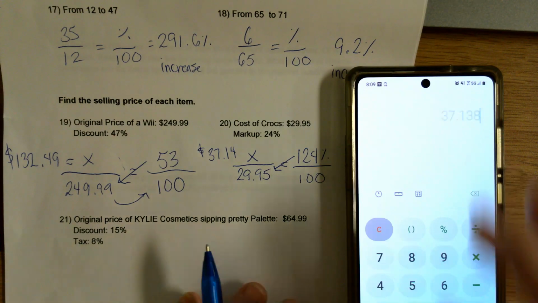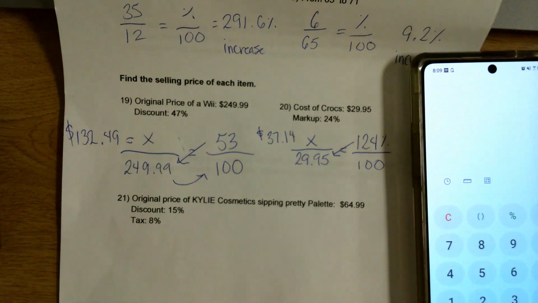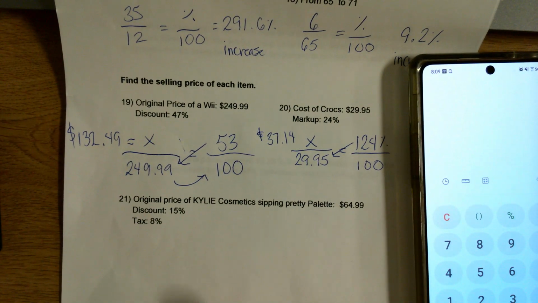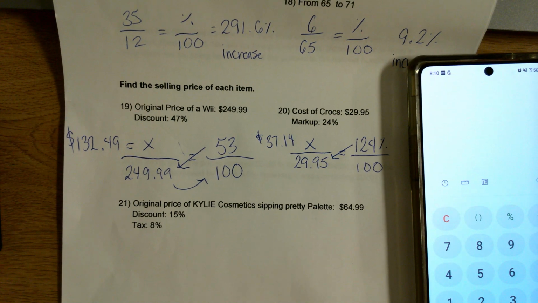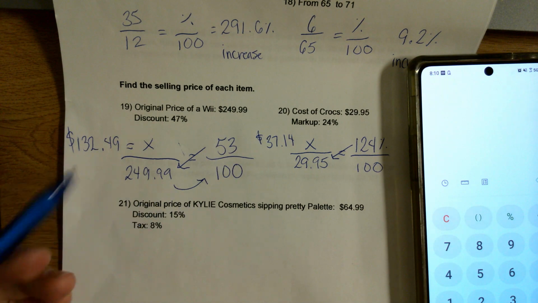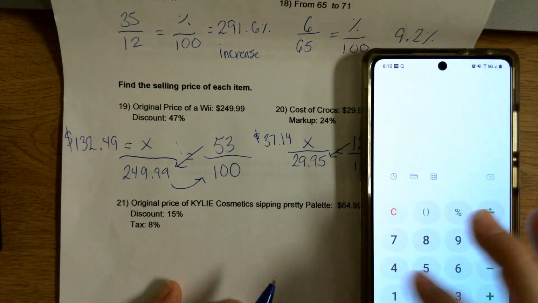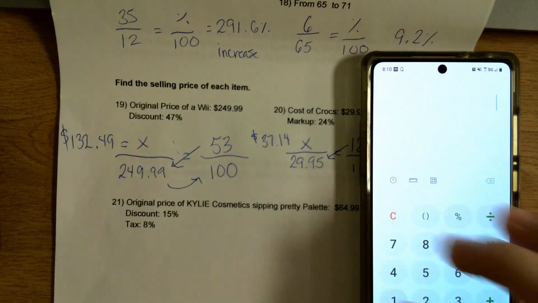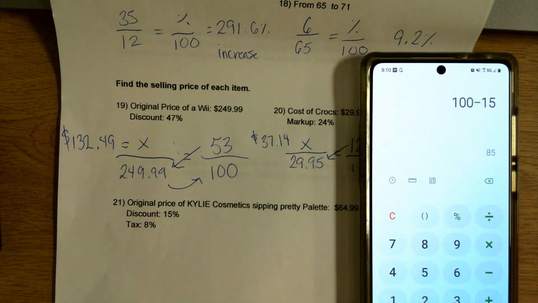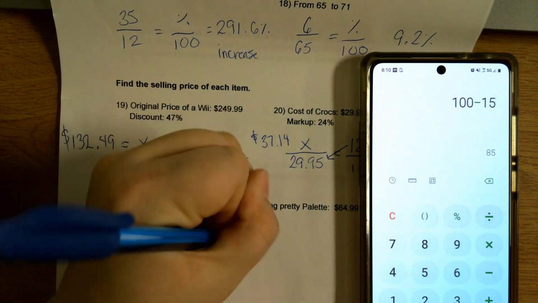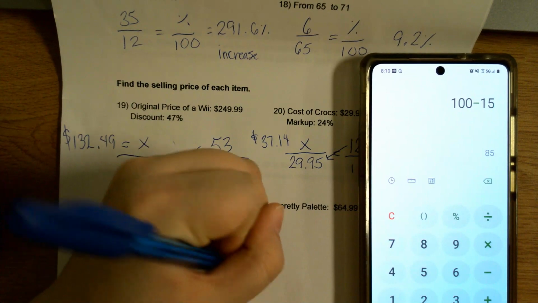All right, let's look at our Kylie Cosmetics Sipping Pretty palette for $64.99. The discount is 15%, and then it's taxed 8%. So we got to do the discount first. So the discount means I'm going to subtract. So I've got 100% minus 15. Gives me 85% that I'm paying. So I'm going to put 85 over 100.